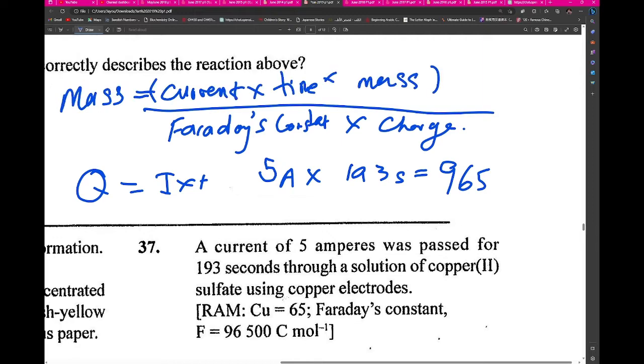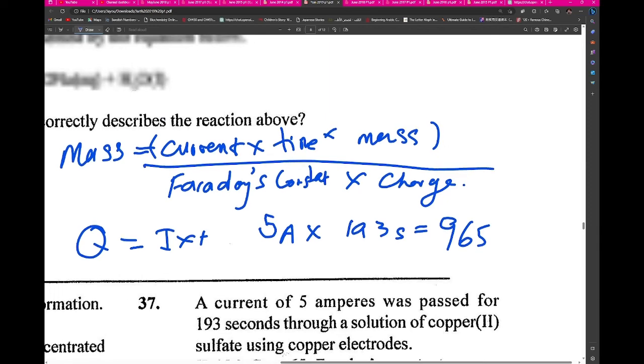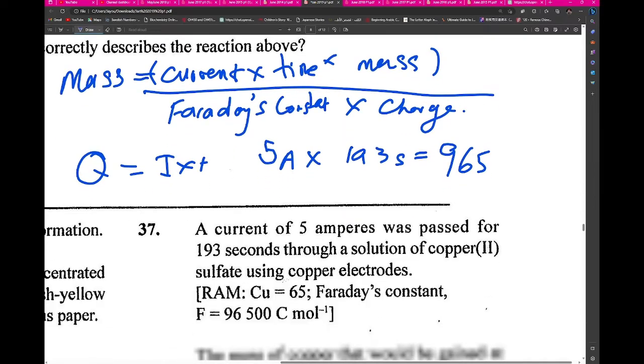Now we need the current, time, and mass. The mass of copper that we're using here is 65.